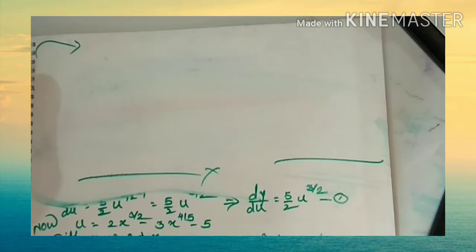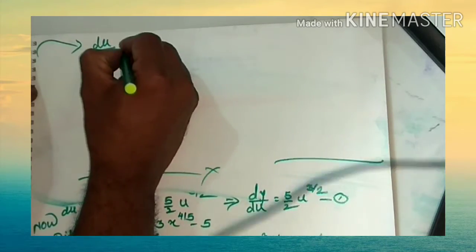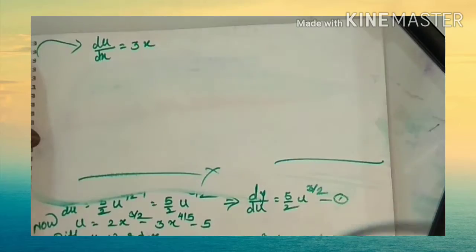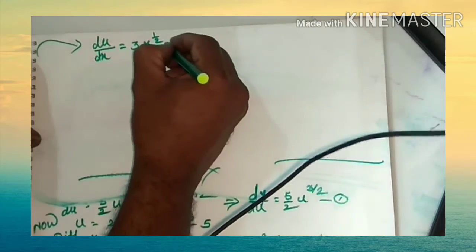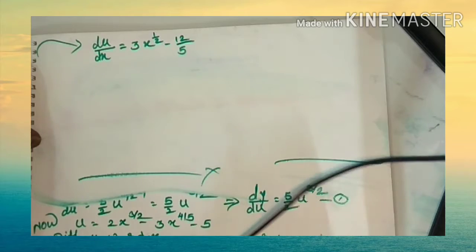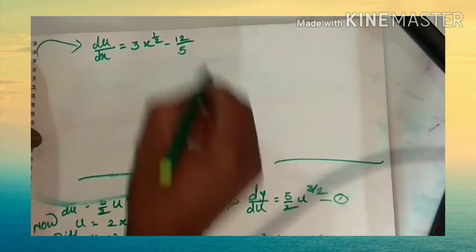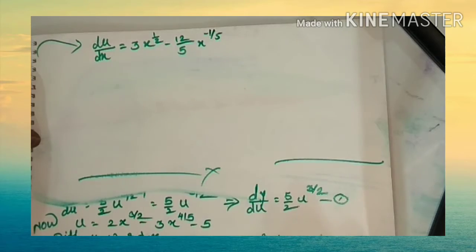So therefore this du by dx is what? See, 2 into 2 will get cancelled, so 3 x raised to 3 by 2 minus 1 by 2, minus 3 into 4, 12 by 5, x raised to, this 5 will go up, so 5 minus 4, that is 1, so minus 1 by 5. Okay, 5 is a constant, so its derivative is 0.